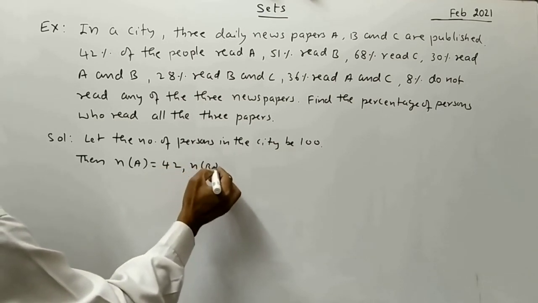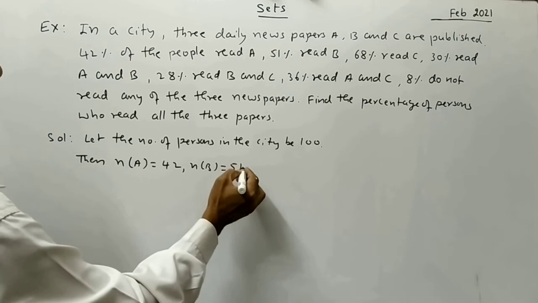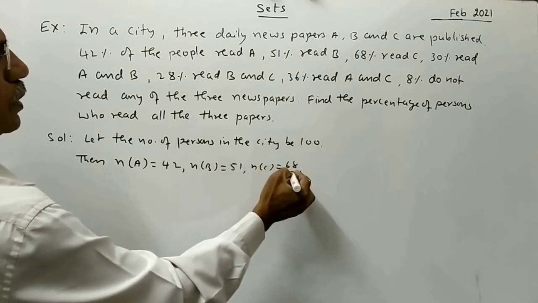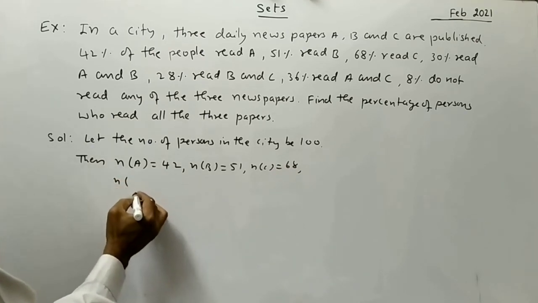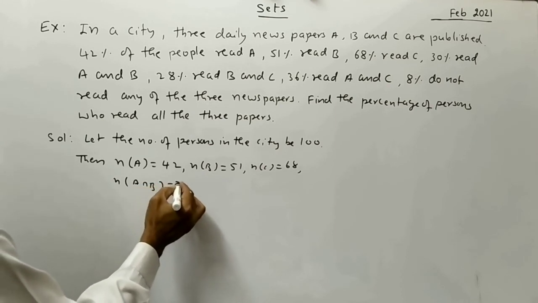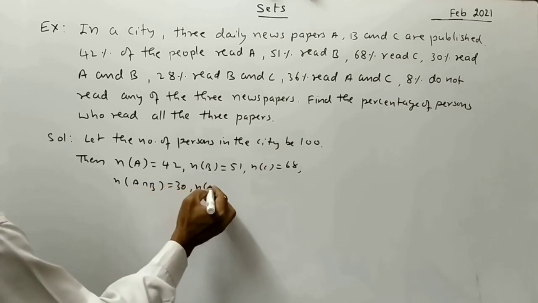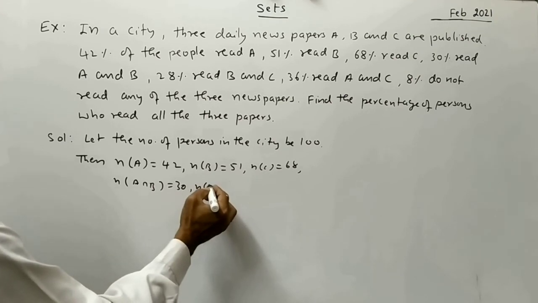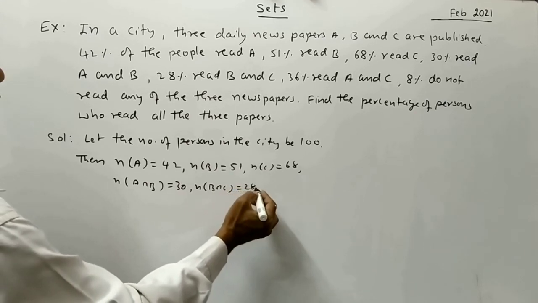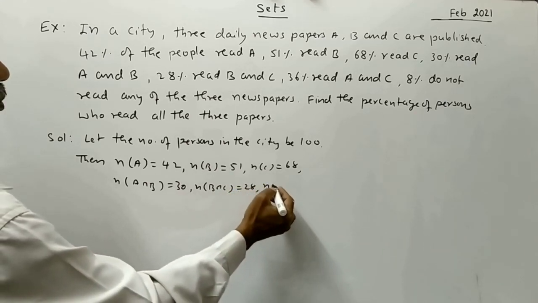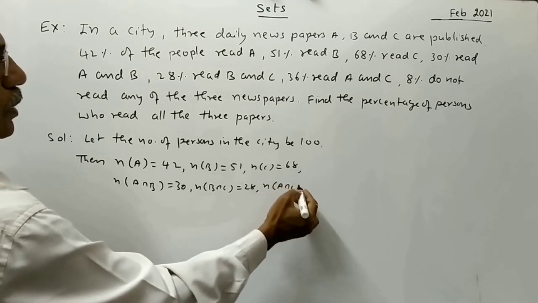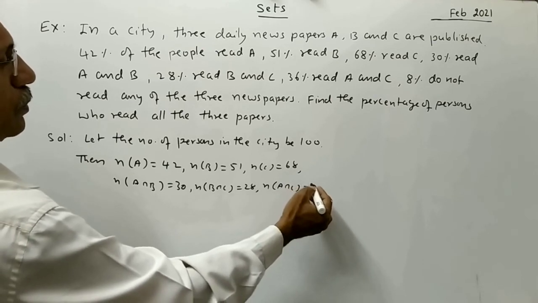Number of elements of B is equal to 51. Number of elements of C is equal to 68. Number of elements of A intersection B is equal to 30. Number of elements of B intersection C is equal to 28. Number of elements of A intersection C is equal to 36.